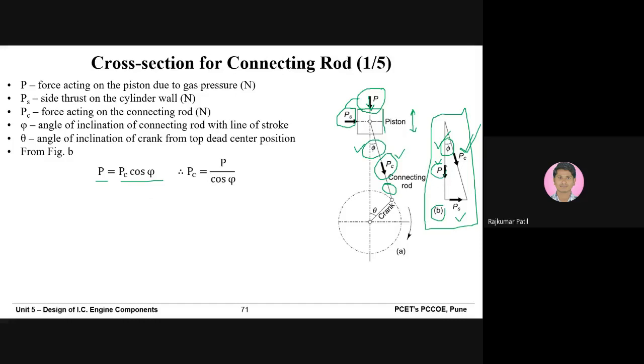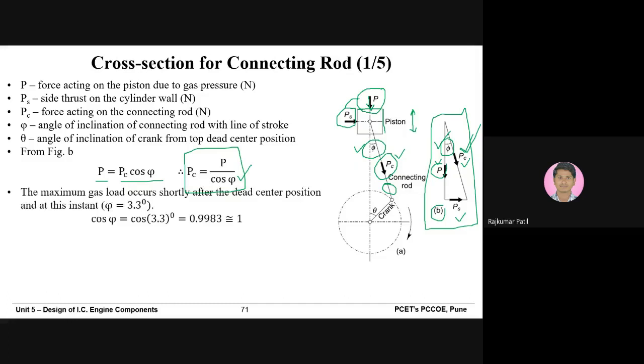So we can write the force on the connecting rod, PC is equal to force exerted by the gas on piston divided by cos phi. And generally, after completion of combustion stroke, that is power stroke, and at an angle of phi equal to 3.3 degree, there is a maximum gas force acting on the piston and ultimately on connecting rod.